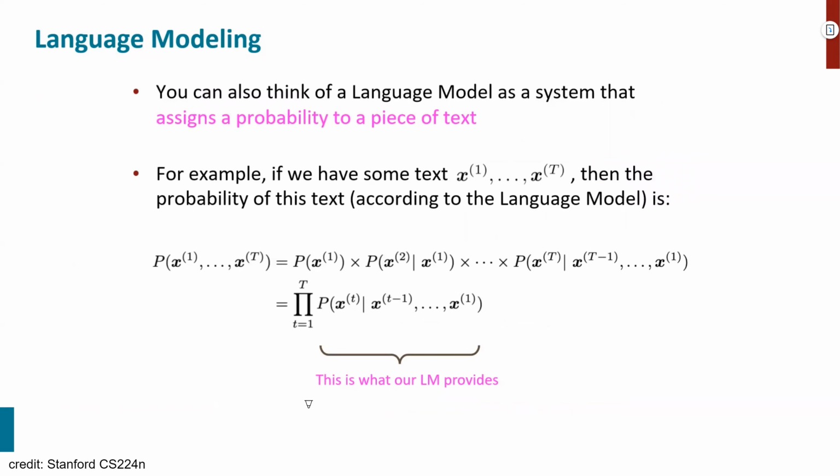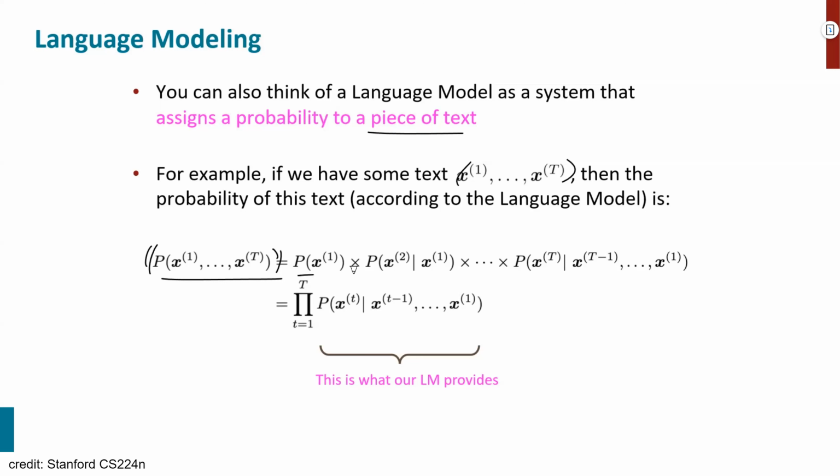And you can also think of a language model as a system that assigns a probability to a piece of text. What does it mean? For example, if we have some text that contains capital T words, then the probability of this text, according to the language model, is this. Because we can calculate this probability using the chain rule of probability.